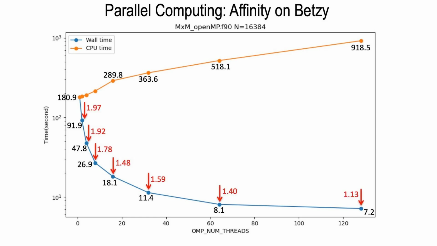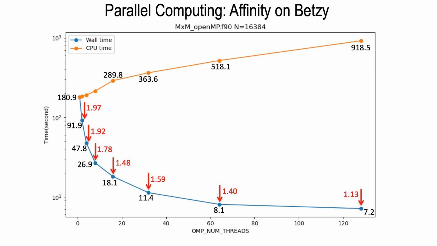We'll conclude the figure by adding the speedup values alongside the wall time and CPU time data. It's evident that multi-threading with affinity has good performance up to 64 threads, highlighting the importance of optimizing multi-threading with affinity for efficient parallel execution.